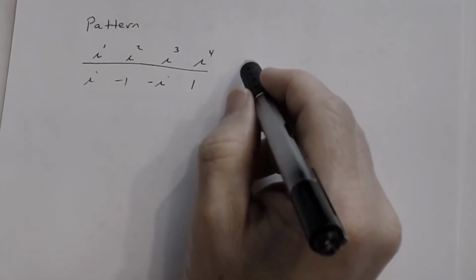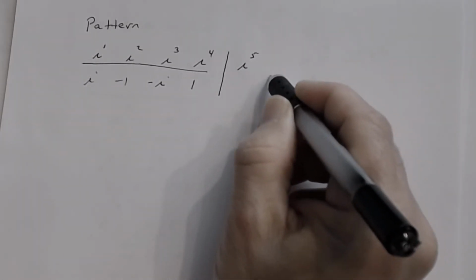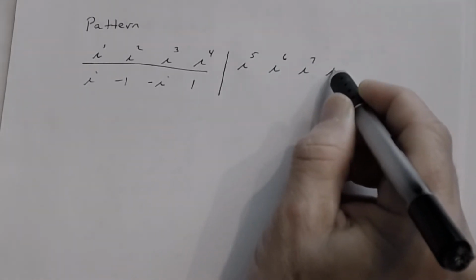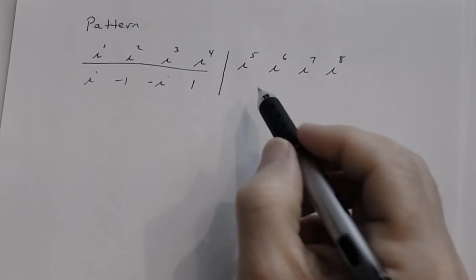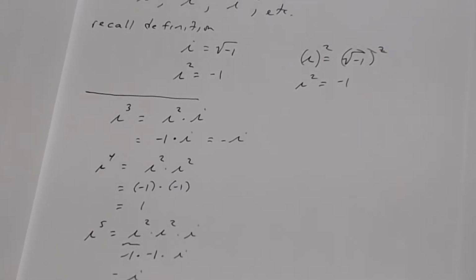And then if I continued on with this, so i to the fifth, i to the sixth, i to the seventh, i to the eighth, I want to show you what's going to happen. So i to the fifth we looked at, it's right here. i to the fifth is i, right?